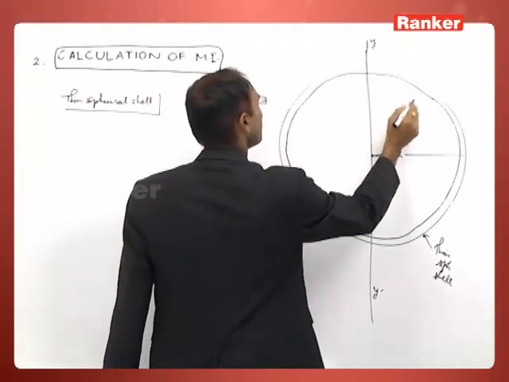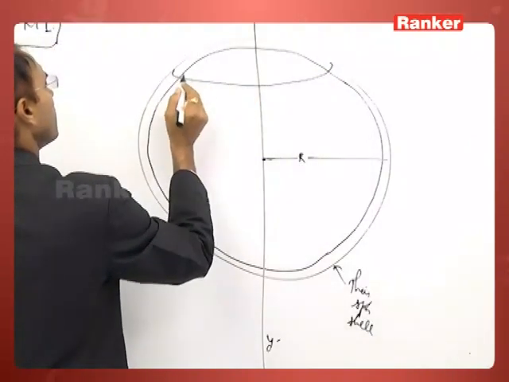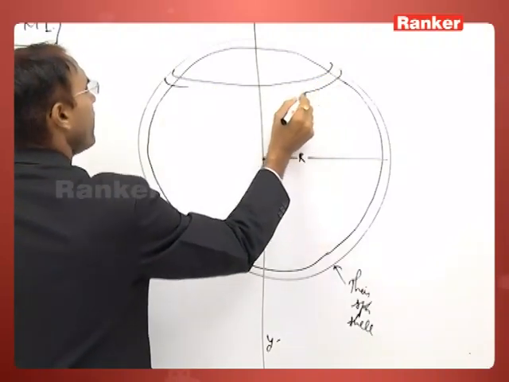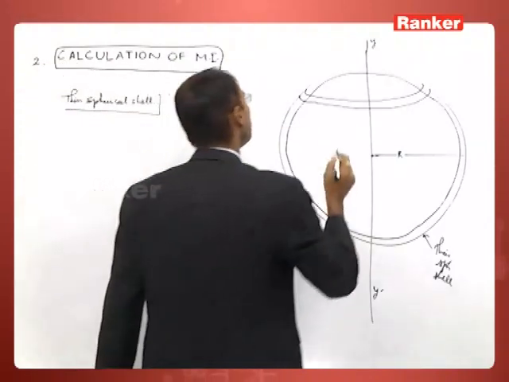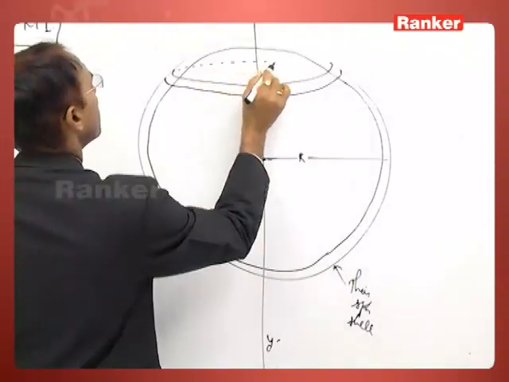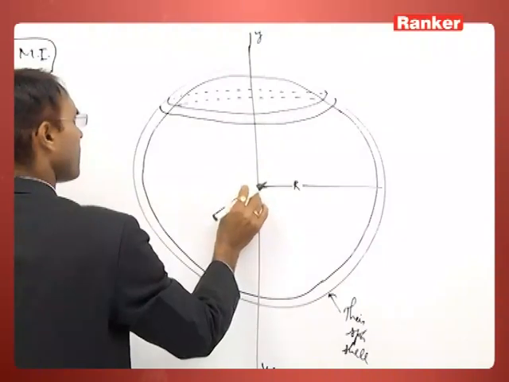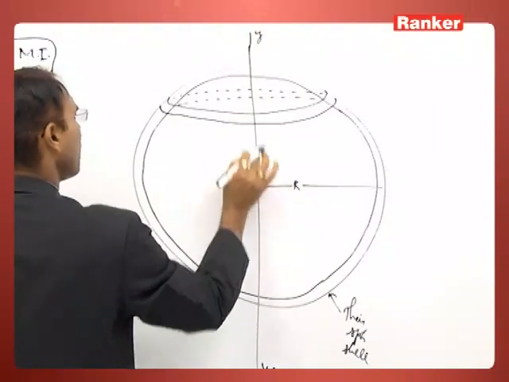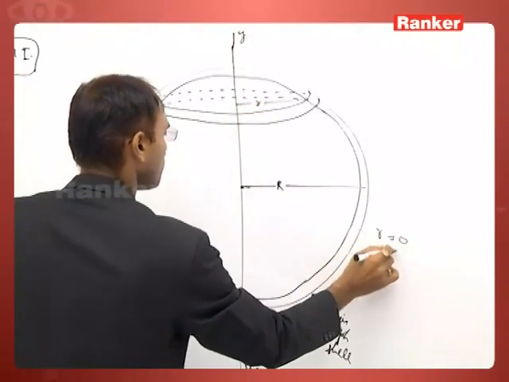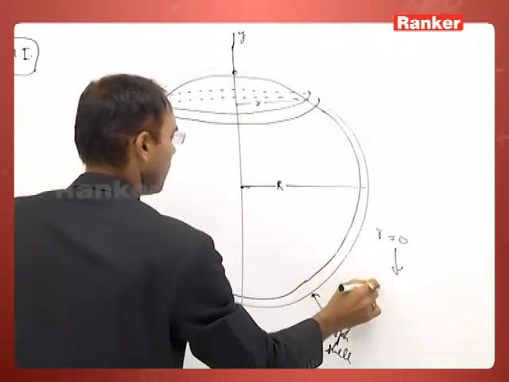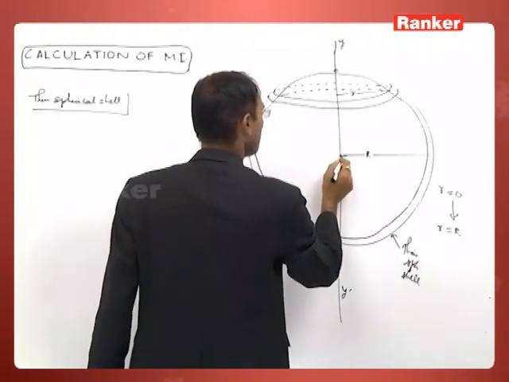The thin spherical shell is a combination of so many concentric, or better to say coaxial, thin rings whose radius ranges from small r equal to 0 at this pole, to small r equal to the radius of the disk at this equator.